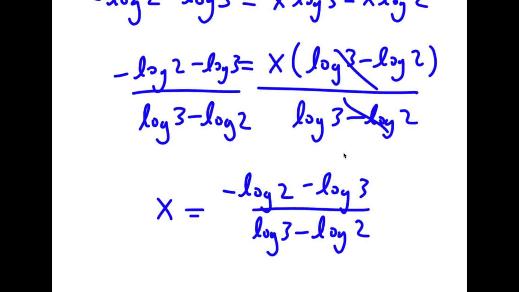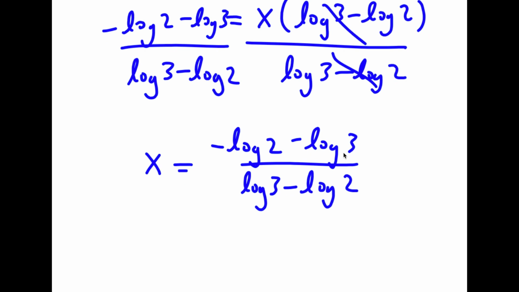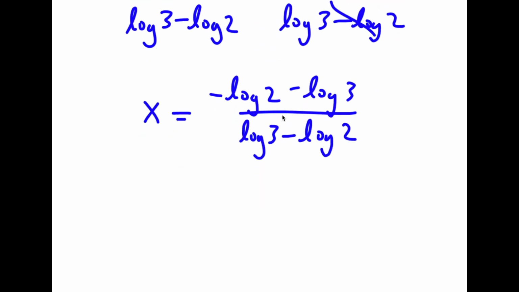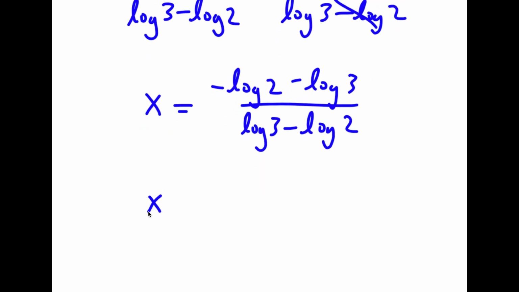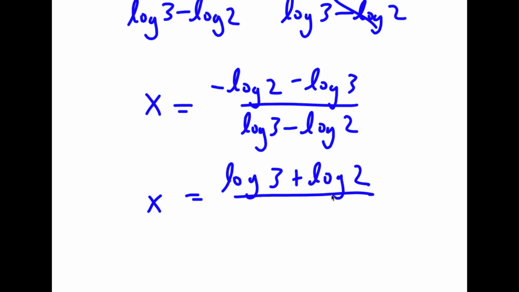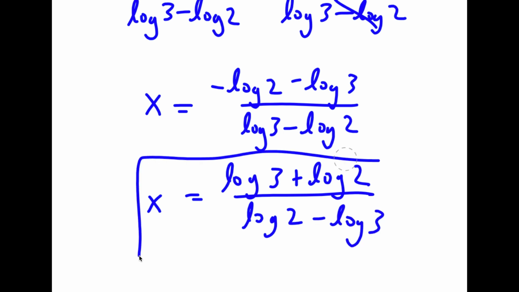Now, if I multiply the numerator and denominator by negative 1, I get x is equal to (log 3 + log 2) over (log 2 - log 3). So this is my answer.